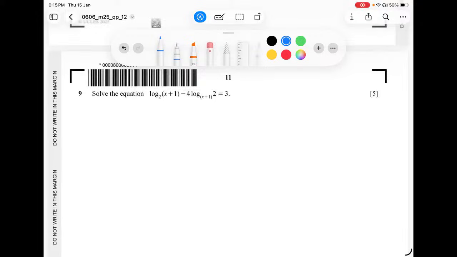Solve the equation. This is basically simple, and it's going to use the laws of logarithms. As you can see, we write log_2(x+1) minus 4 log_(x+1) 2 equals 3. I'll write all the logarithm laws we'll be using here.